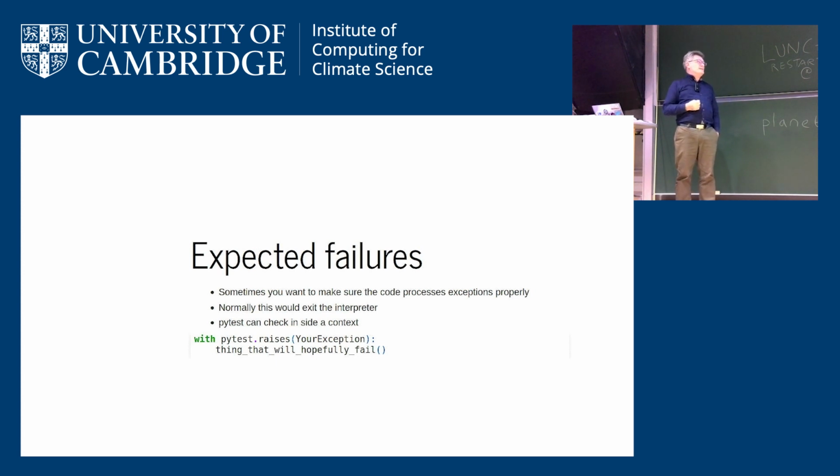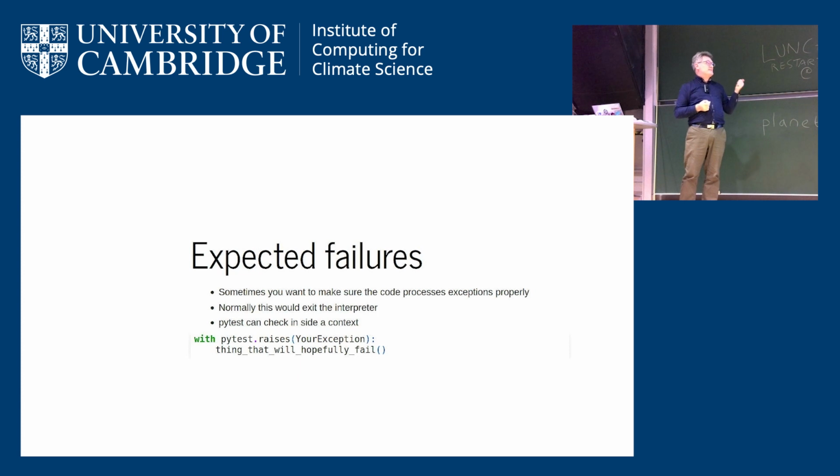So what we can do is PyTest can check this inside of a context. That's a Python thing where you say "with this thing." Normally you see it with files: with some file operation as F, it gives you back a file handle which will automatically clean up because the context handler does it.